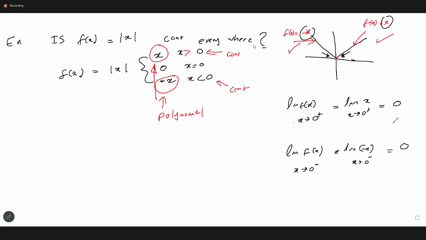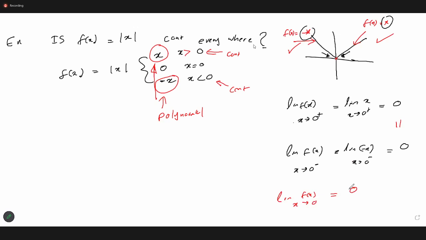So these two are equal. That means the limit of f(x) when x approaches 0 exists and it is equal to 0, right?